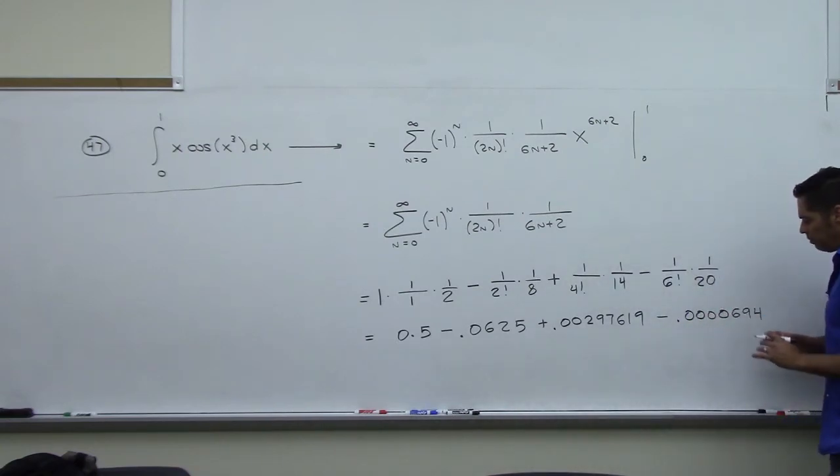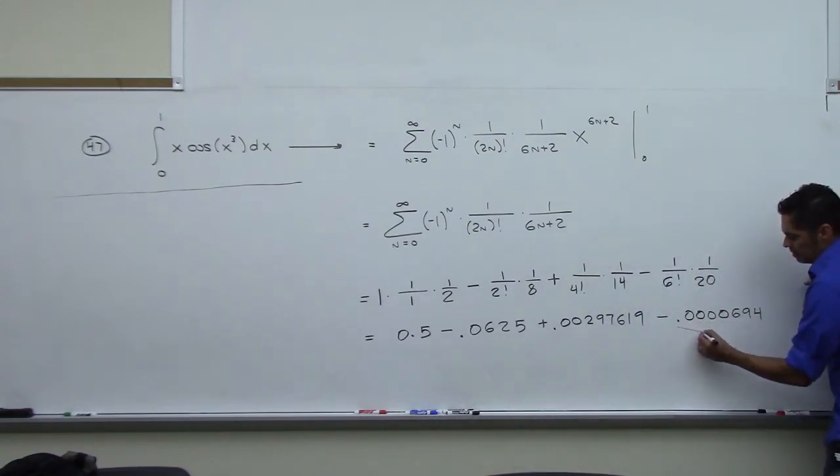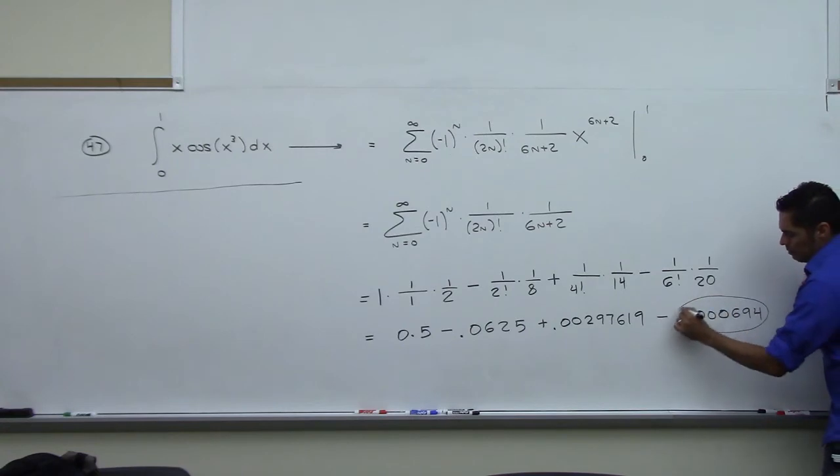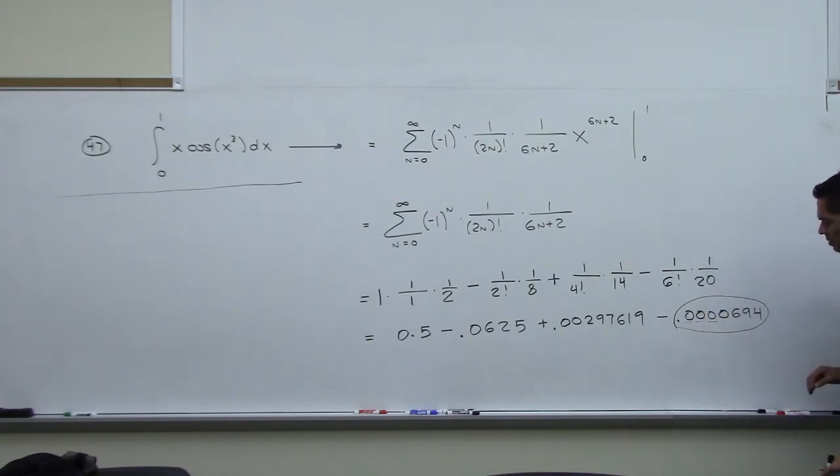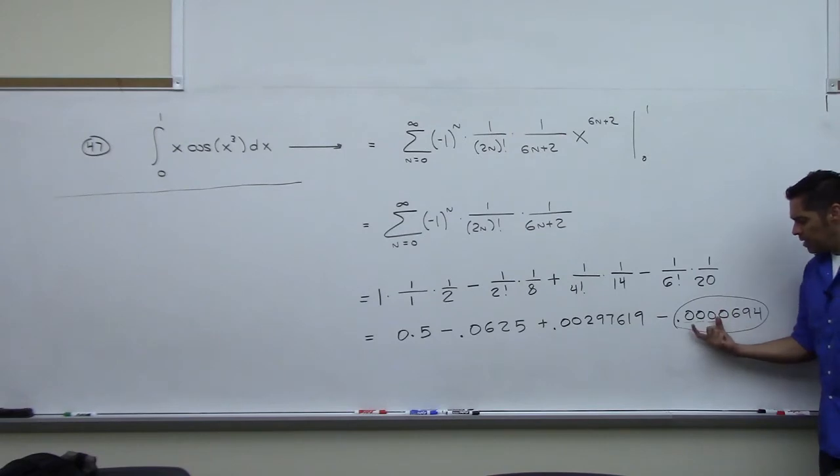So in other words, if we look at how big this next term is, we notice that the first 3 decimal places are zeros. So every term after this is going to be even smaller than this. So it should have no impact on the first 3 decimal places.